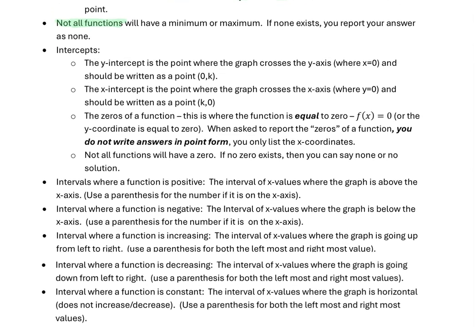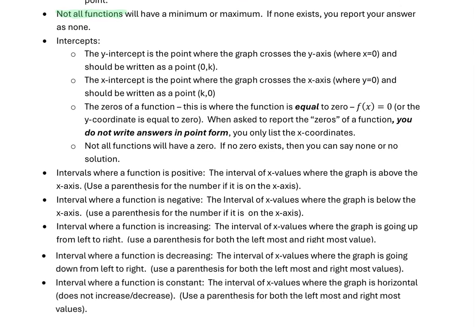We also talked about intercepts. Remember that the y-intercept is where the graph crosses the y-axis, and this is where x is equal to 0. All y-intercepts should be written as points 0, k. We talked about x-intercepts. X-intercepts is where the graph crosses the x-axis.